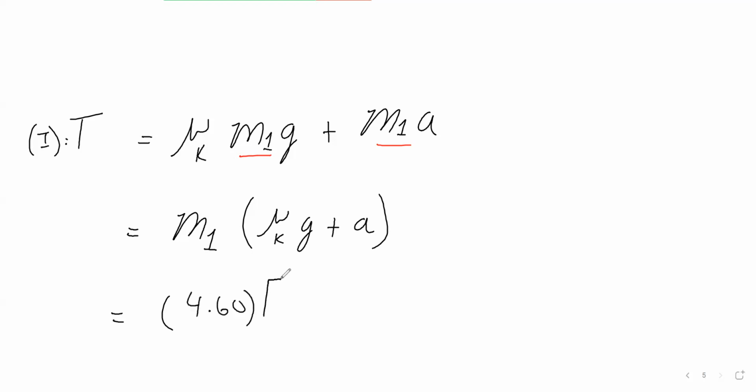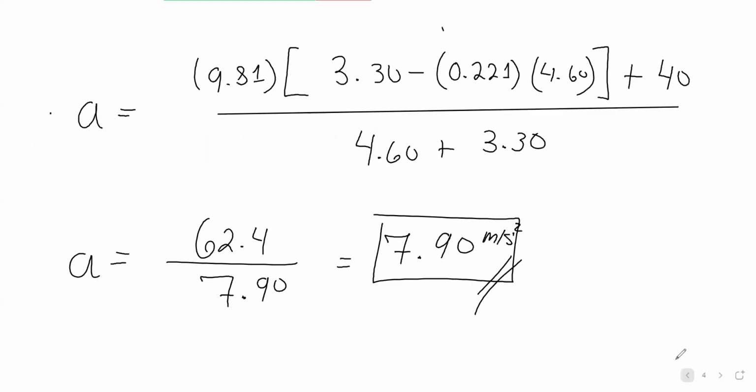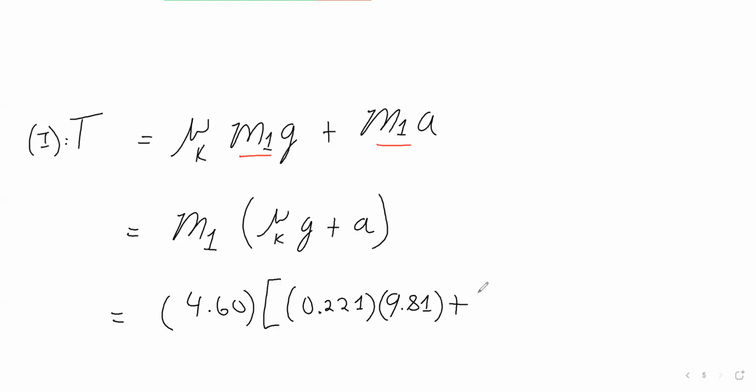So M1 is 4.60, times mu times G plus A, which was 7.90. Perfect. So let's find out what this gives us: 0.221 times 9.81 plus 7.90, times 4.60.